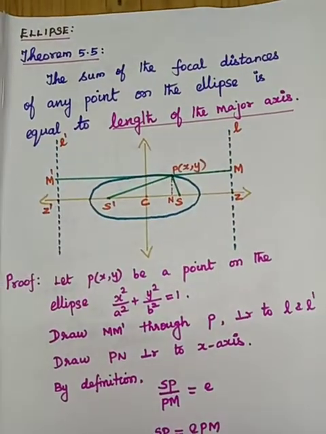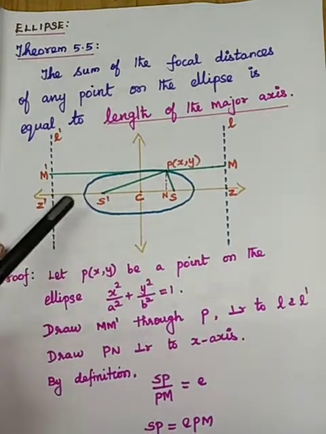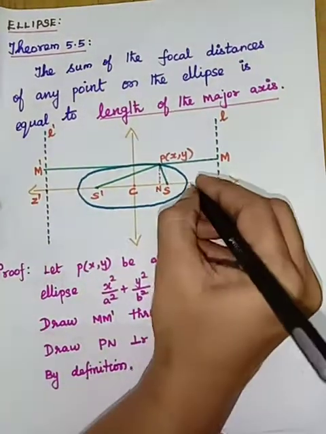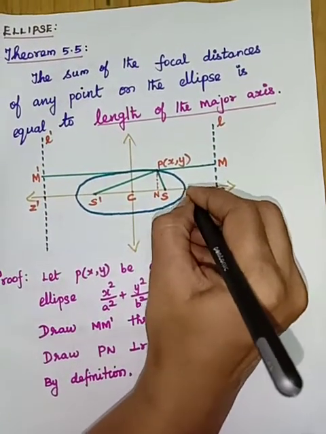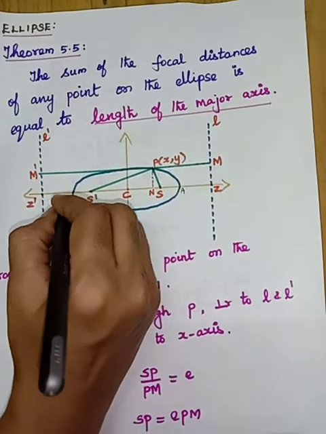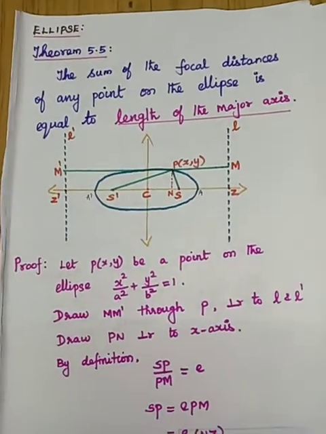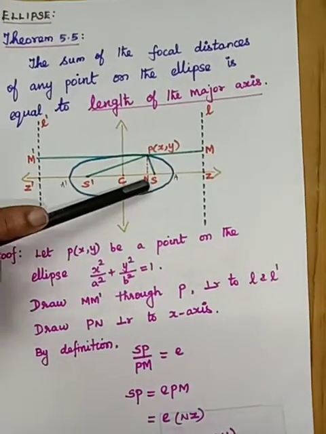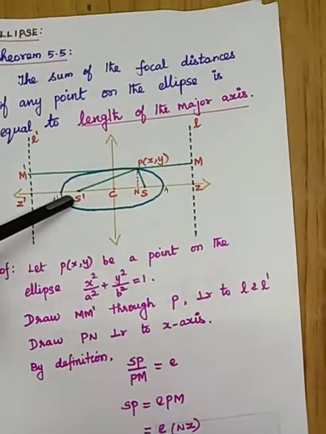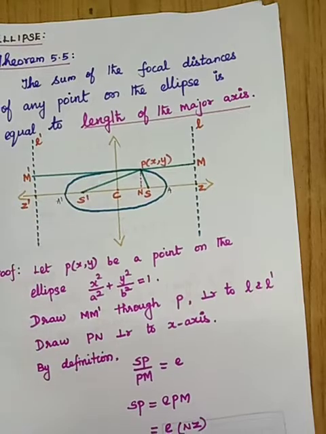Which is the major axis? This is your point A and this is your A'. A A' you know very well, it is 2a. So we have to prove SP plus S'P is equal to 2a.